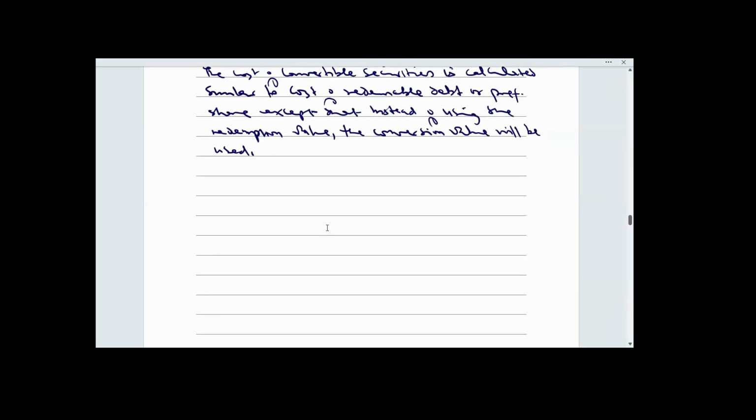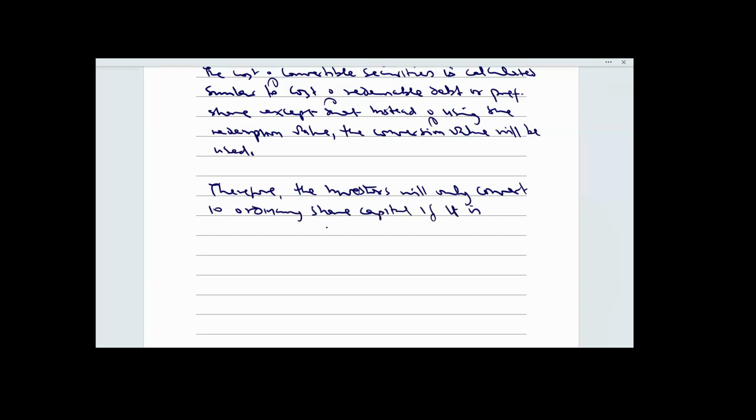Therefore, the investor will only convert to ordinary share capital if it is profitable.